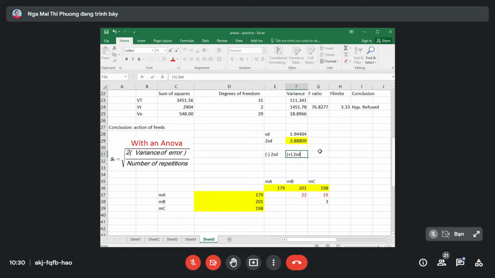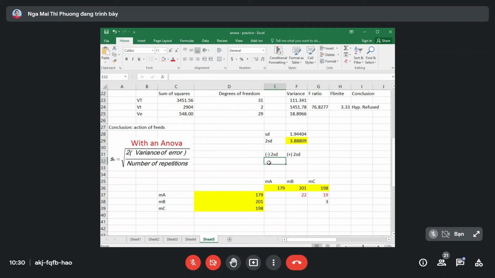You calculate 2 SD and then the range from plus and minus 2 SD. If the difference of means belongs in this region, it means that the two groups are the same. If they are out of the range on either side, you say that they are different.